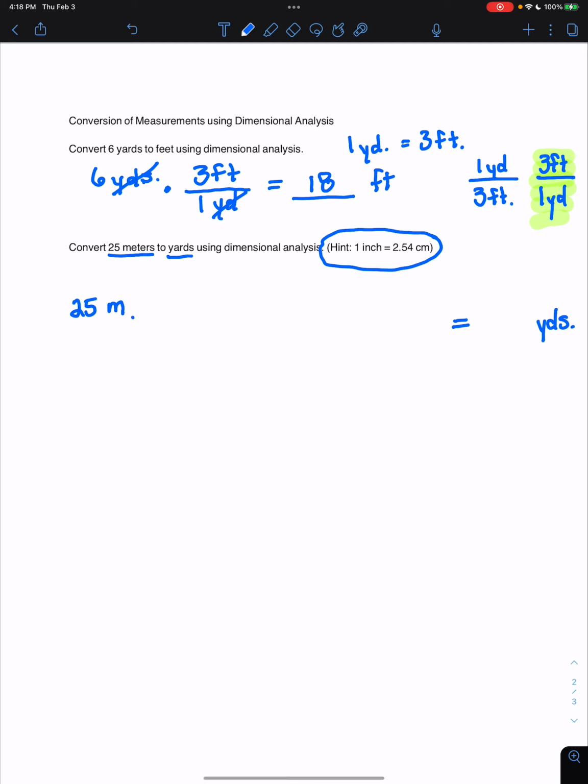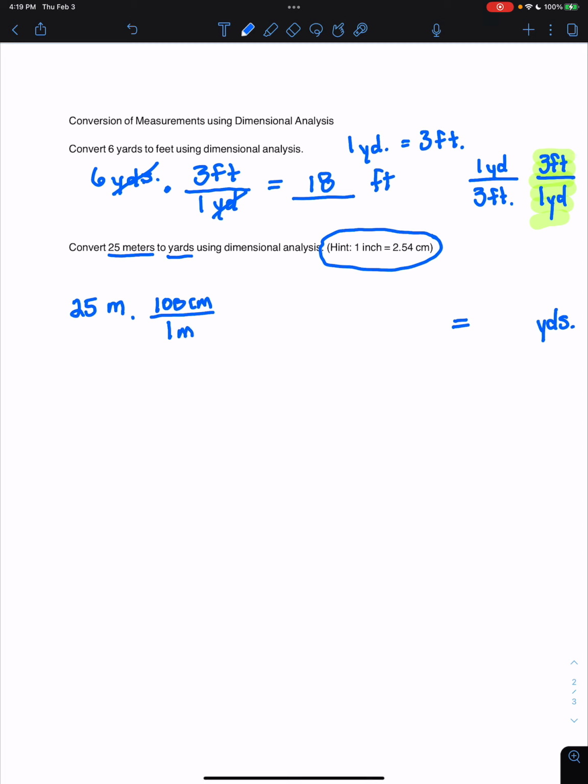All right, so we want to convert meters into centimeters so that we can use our little hint here. So how many centimeters are in a meter? There are 100 centimeters in 1 meter.